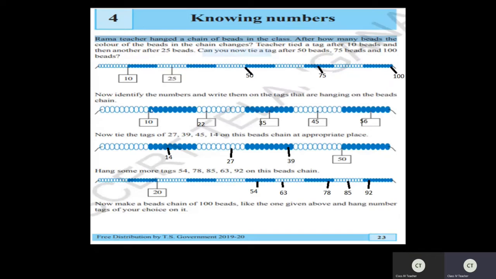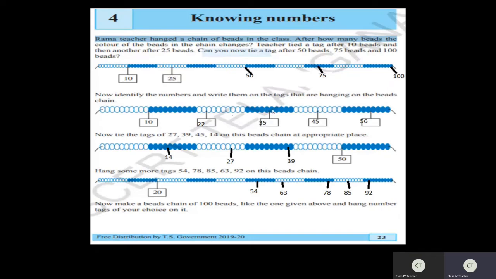First tag is on 10. Then after 10, 20 blue, total 20 here up till blue. Then after 20, 21, 22. So what is the second tag? It is on 22. Then up till white here 30, 30 plus 31, 32, 33, 34, 35. So what is the next tag there? 35.